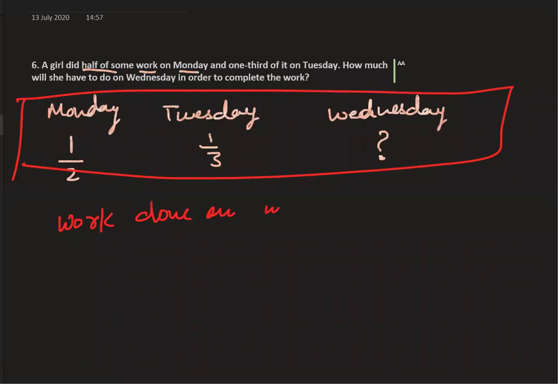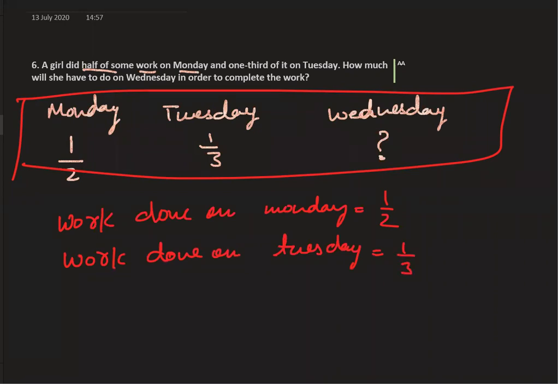So work done on Monday is equal to 1/2. Work done on Tuesday is equal to 1/3. So total work done is equal to 1/2 plus 1/3.